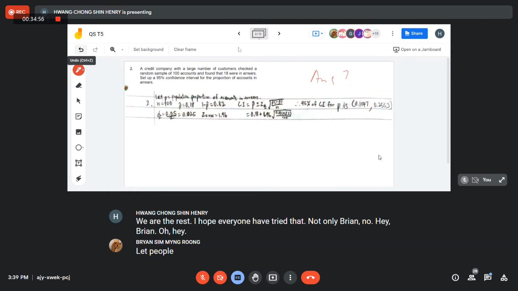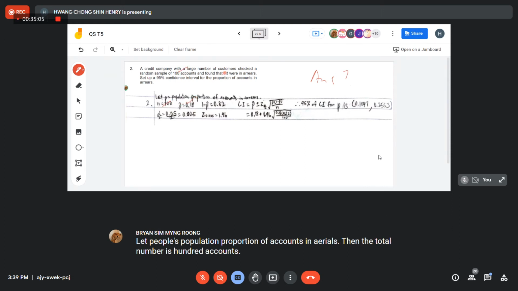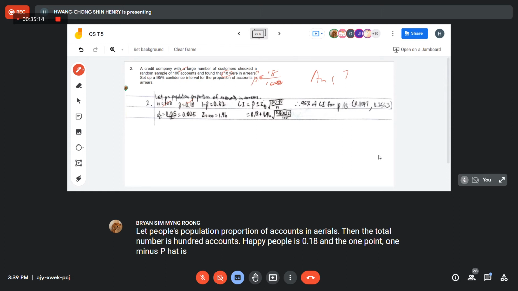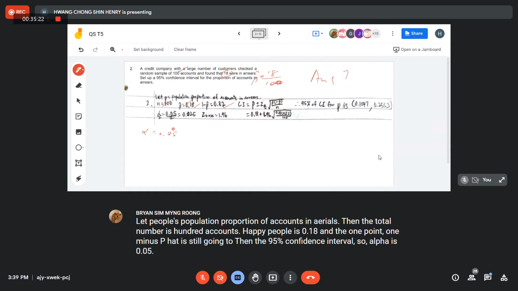Let P equal the proportion of accounts in arrears. Then the total number is 100 accounts. P hat is 0.18 and 1 minus p hat is 0.82. Then the 95% confidence interval, so alpha is 0.05 and divided by 2 is 0.025 and the z score is 1.96.